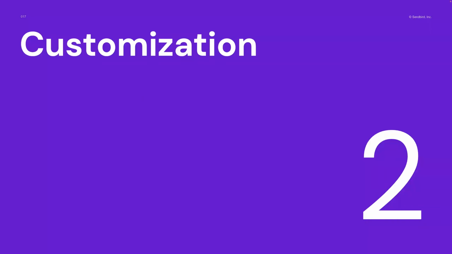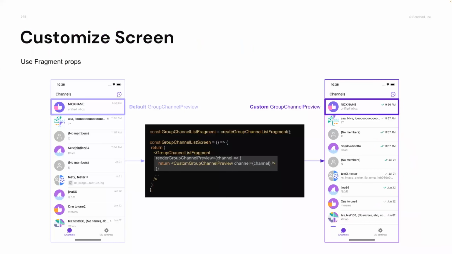Next, let me explain how to customize the screen. Let's start with a simple way to customize the fragment. Fragment components that can be created by default have default props that allow basic customization.